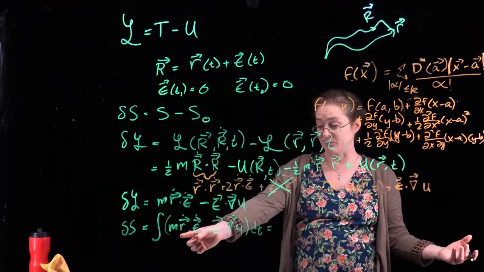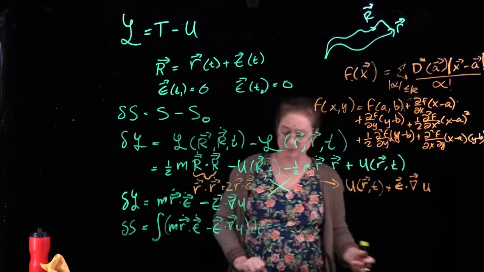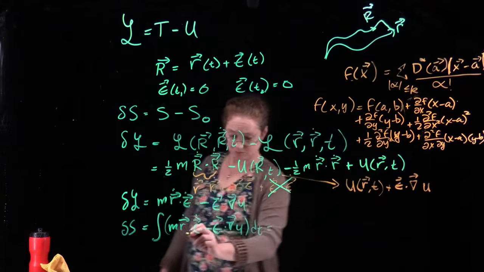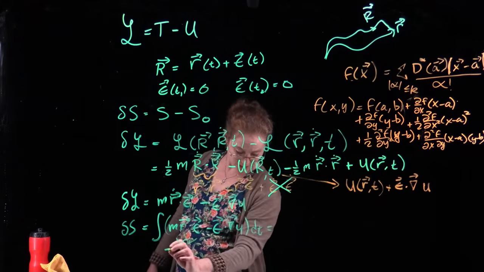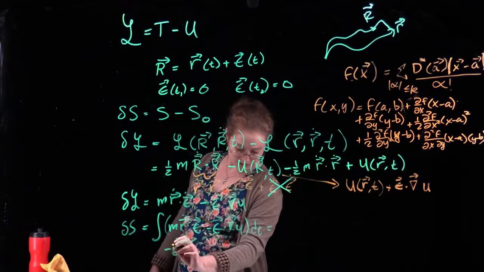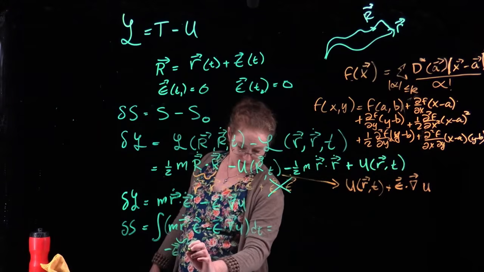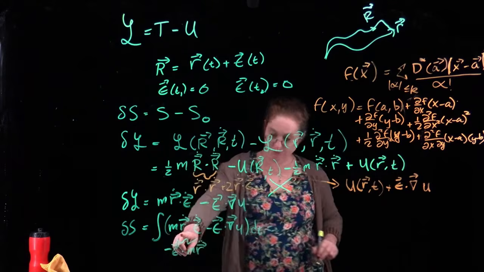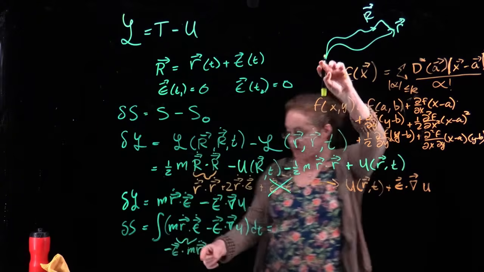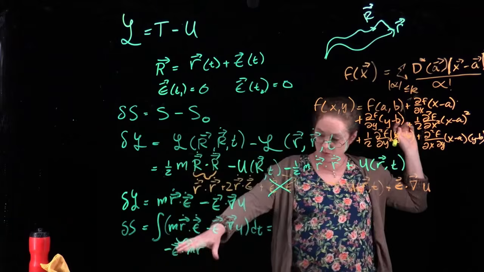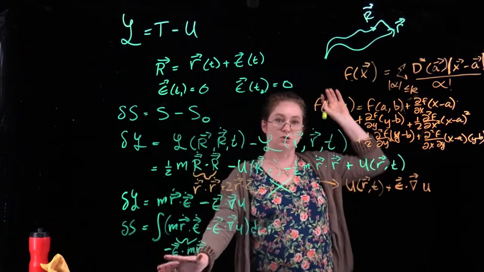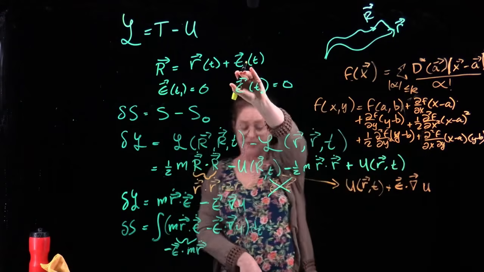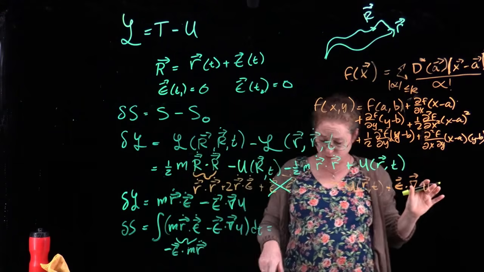There's just 3 different variables instead of just 1. And this term becomes negative epsilon dotted with m r double dot. So you're integrating this by parts, and because the points are fixed on the end, the integral that is the product of the two functions goes away because epsilon is 0 at the endpoints.